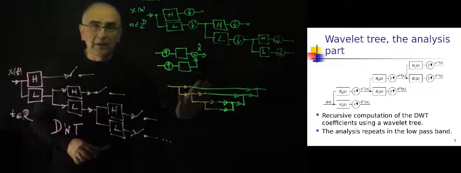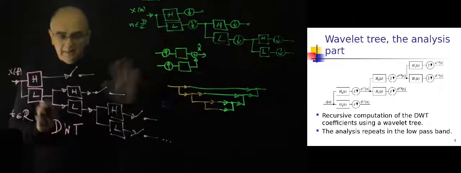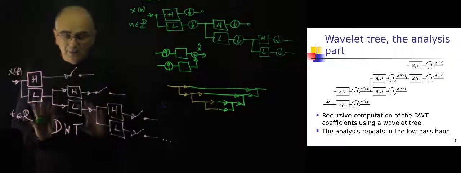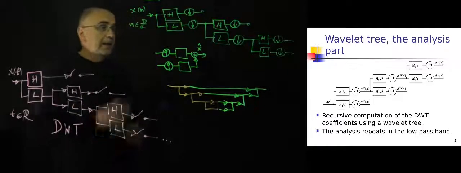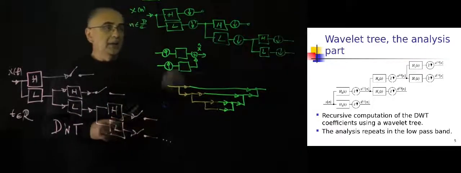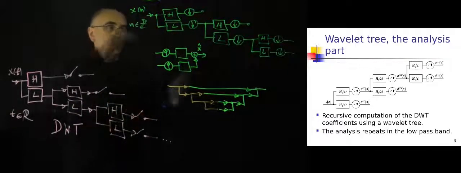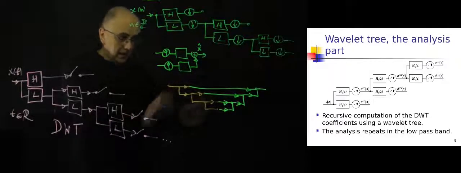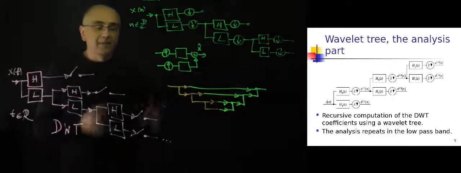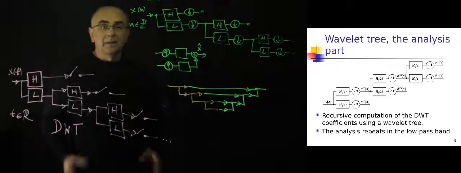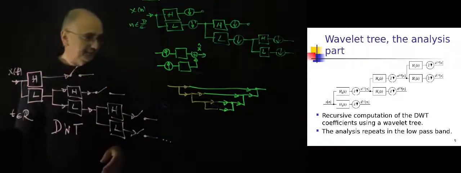So that's not a question. The question is, does it have any connection with the real wavelets? But if we learned how to have 4 filters that actually provide perfect reconstruction, it is easy to understand that such a structure will have the perfect reconstruction property as well.